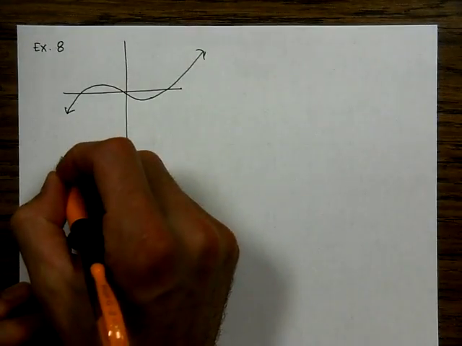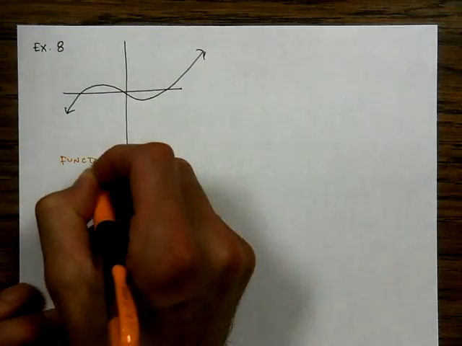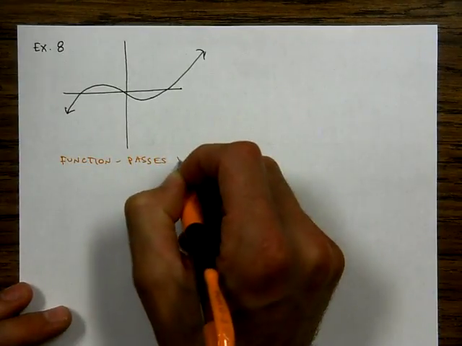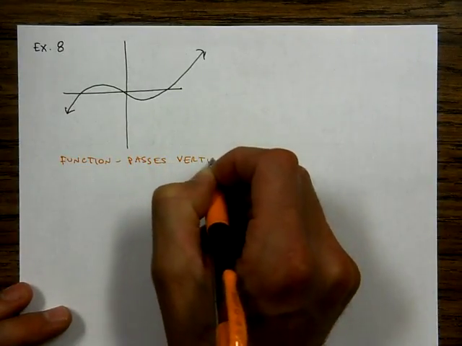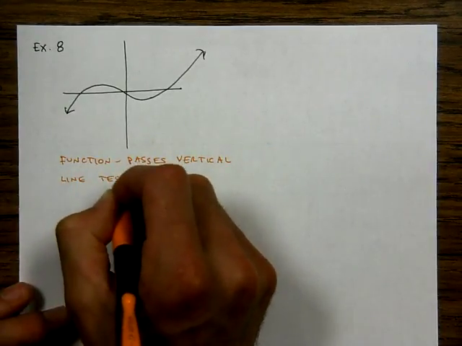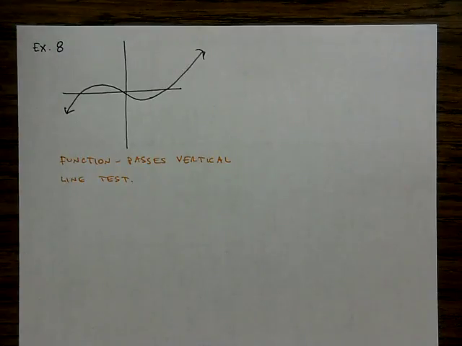And so what I can say is, this is a function, and I can say that it passes the vertical line test. Now you are allowed to say that each input has exactly one output.